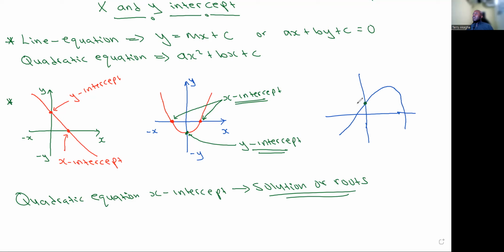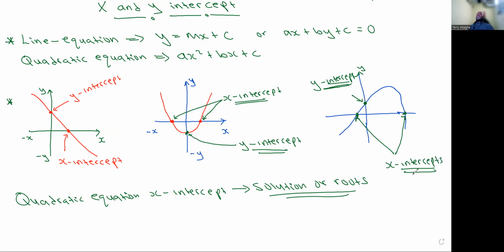So you see that is the point where it crosses the y-axis, all right? Then these two points here are the x-intercepts. This point here is called the x-intercept. All right, so you see the y-intercept is where it crosses the y-axis. The x-intercept is where it crosses the x-axis.